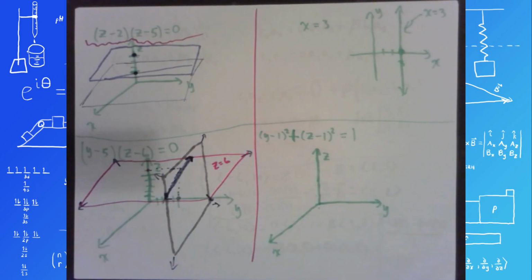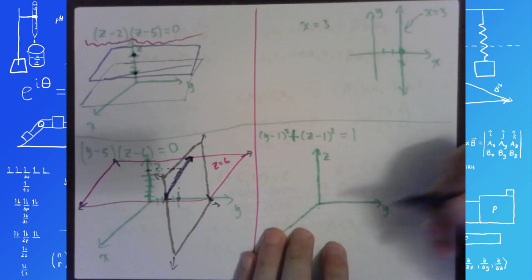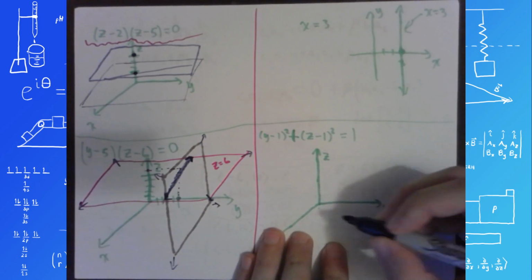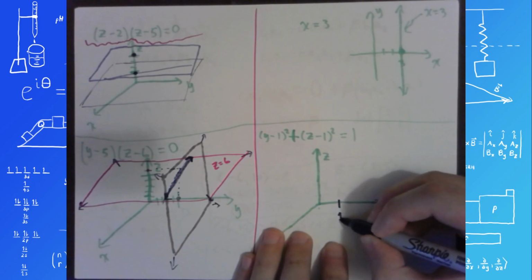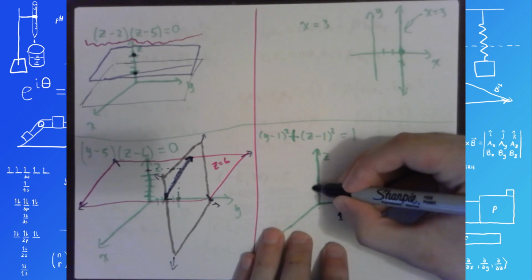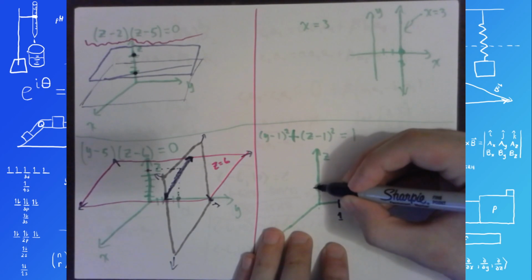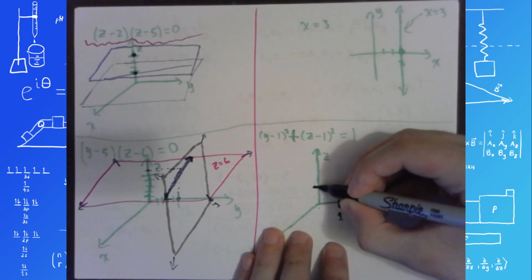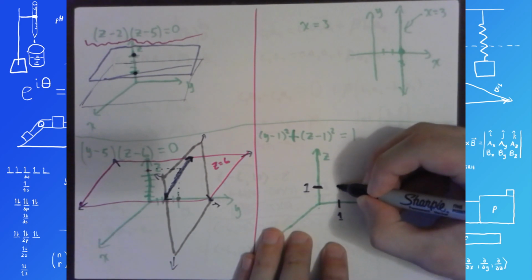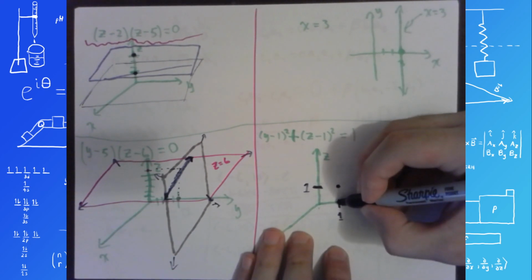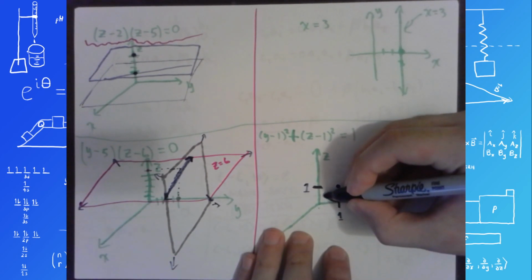So I'll use a bigger scale here. I'll say that this is 1, which makes this maybe a little higher. That is 1, so there's 1, 1, and then the radius of the circle is 1.